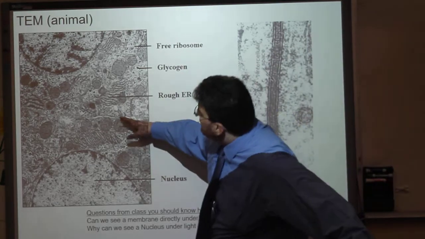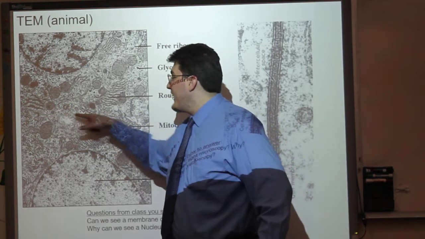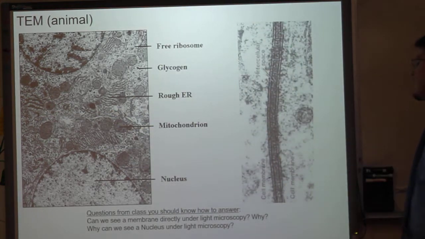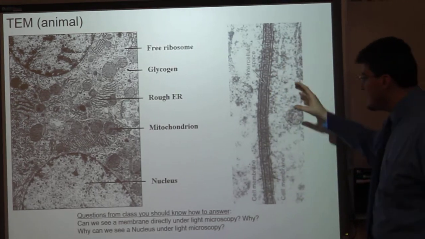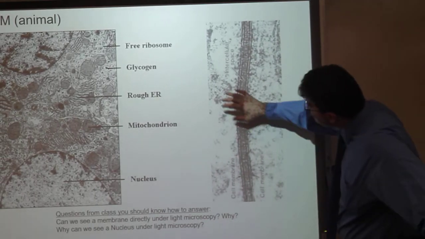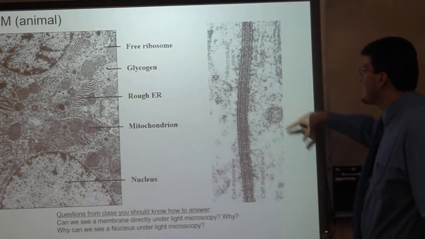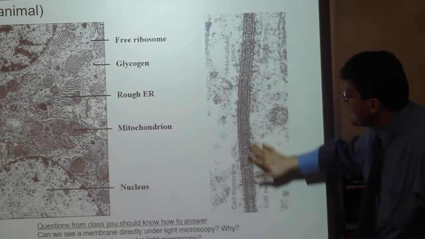Now here I have an open space. That indicates to me that I have a cell membrane running along this path. But I'm going to close up on that cell membrane. Remember that I can get good resolution and really good magnification using transmission electron microscopes. I can see cytosol here, some kind of vesicle over here, and I can see this tram track appearance.